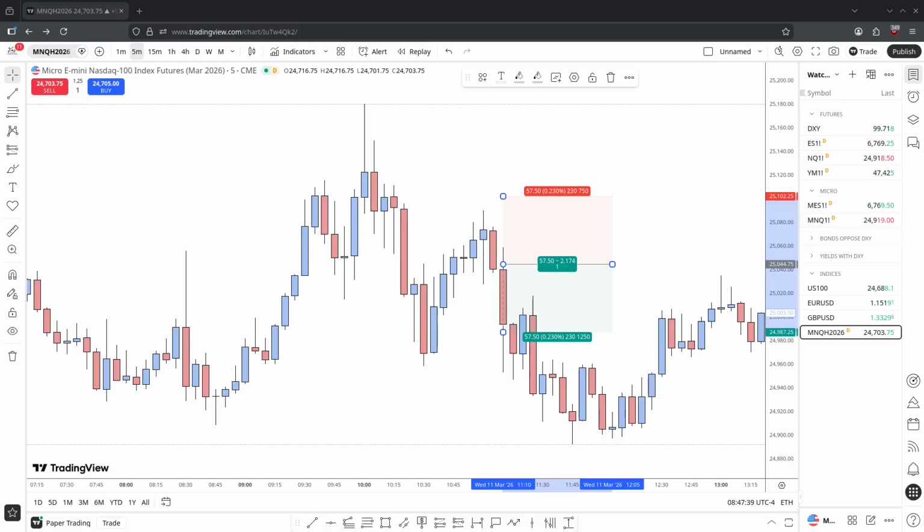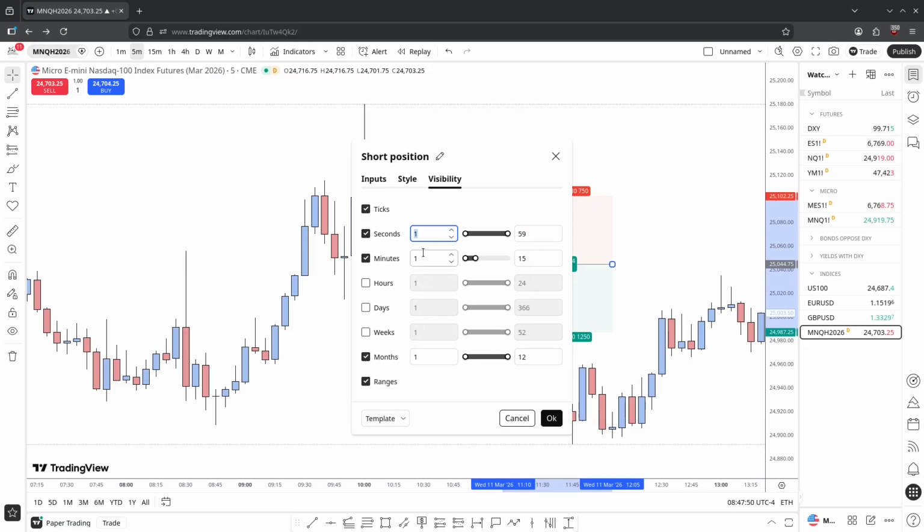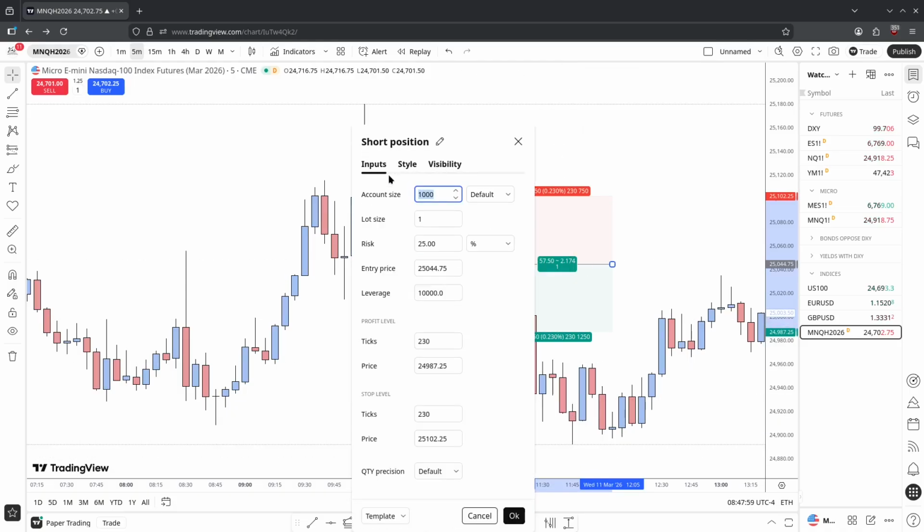This was a trade that I took on my live account. I took one micro here. The entry price was 25,043 even.